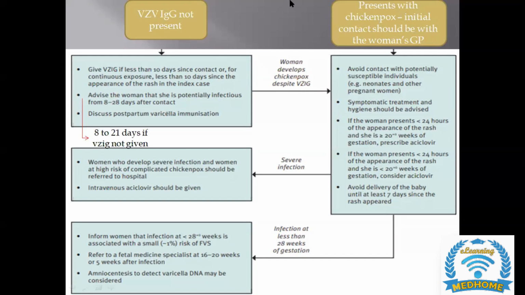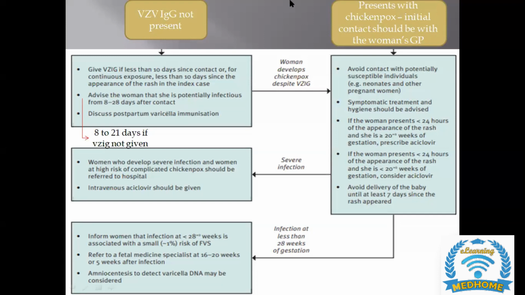Yes, please. My question is, can you please clarify why, after giving immunoglobulin, the infection period is longer than if the immunoglobulin has not been given? Yes, because when we give immunoglobulin, it delays the woman's infection.